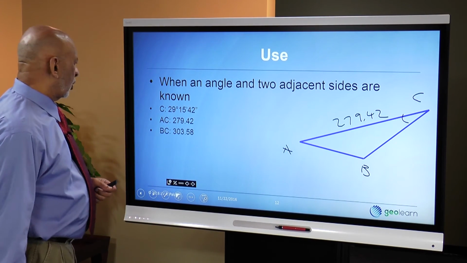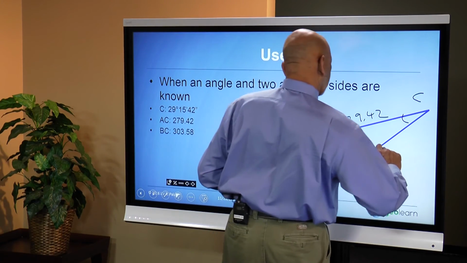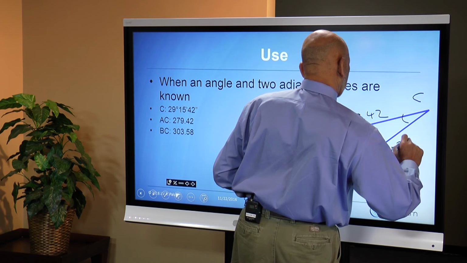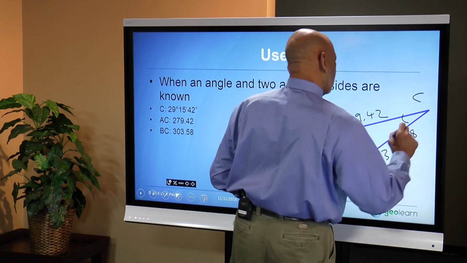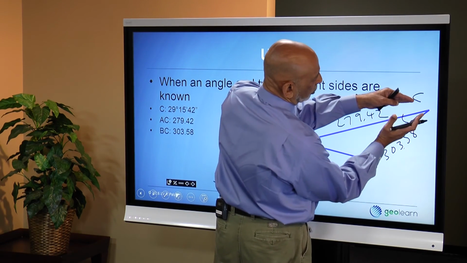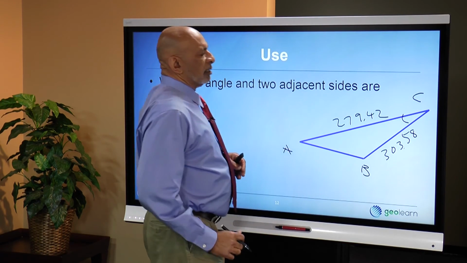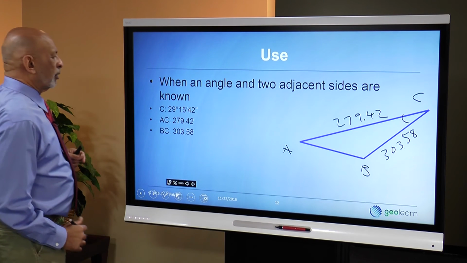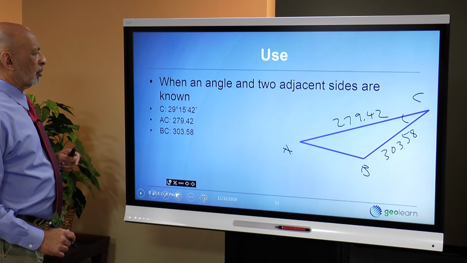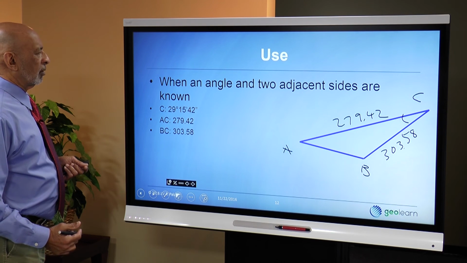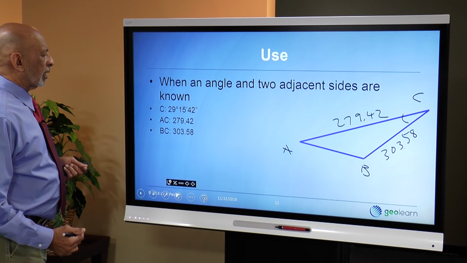And BC is known, that's 303.58. So you see it's the included angle between two known sides. Included angle simply means the two known sides intersect to form an angle, so the angle between them is called the included angle. This allows us to calculate the opposite side.